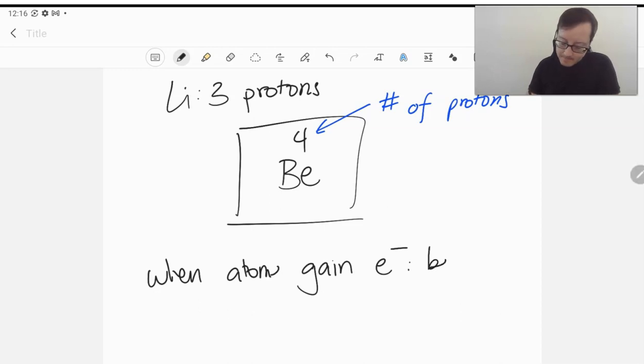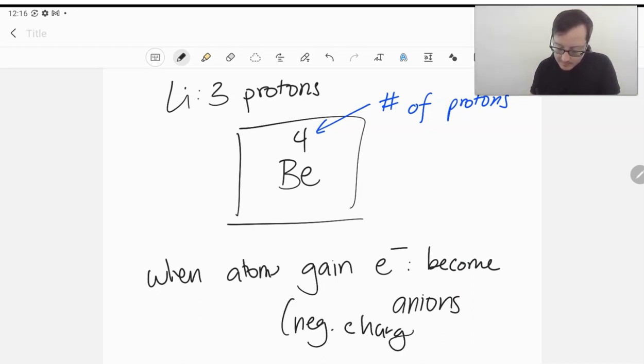They become what are called anions, or negatively charged atoms. We're going to call ions any charged atom. So an atom that has an unequal number of protons and electrons will be an ion. Specifically, ones that have gained electrons are negatively charged, therefore, we call those anions.